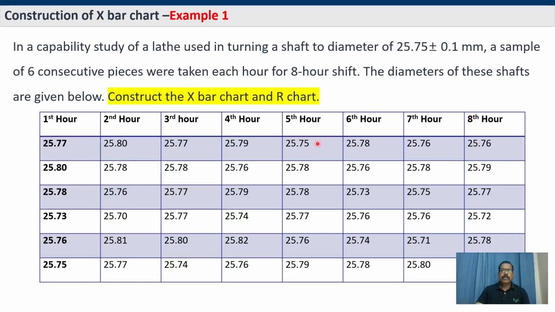Then this numerical example we have discussed is about a diameter. Variable charts deal with continuous data, which is possible to measure. So 25.75 plus or minus 0.1 millimeter can be measured using vernier calipers, to measure the diameter of the shaft.